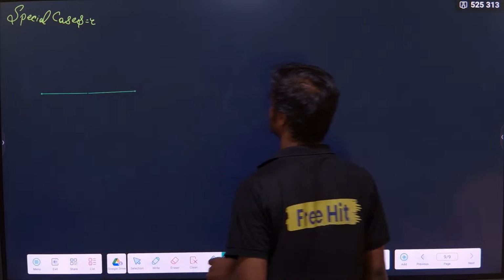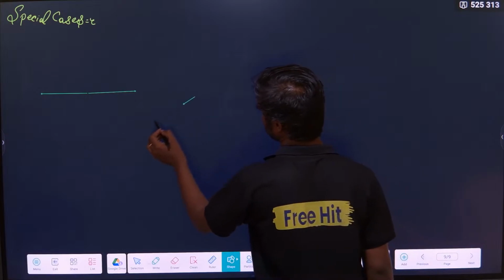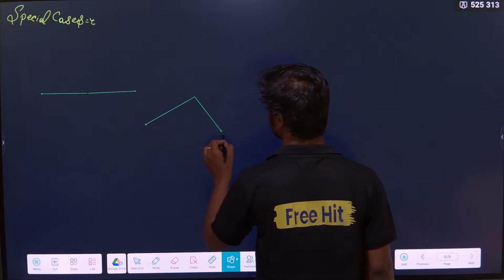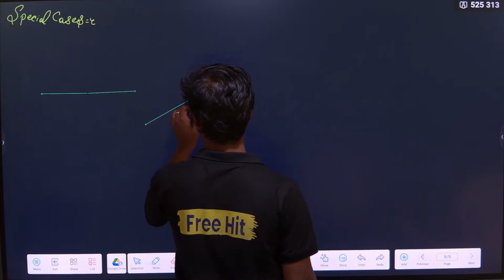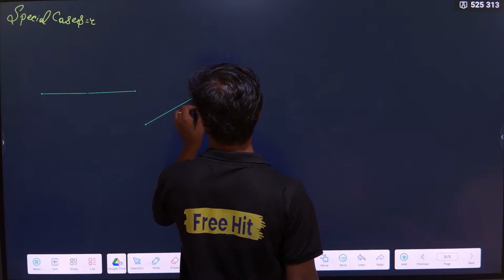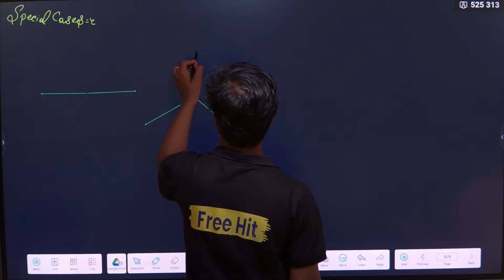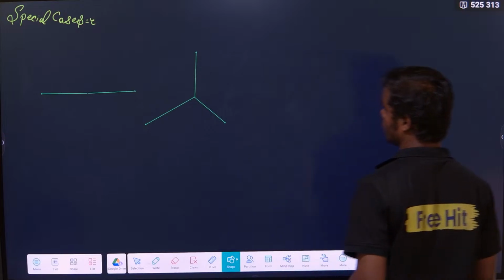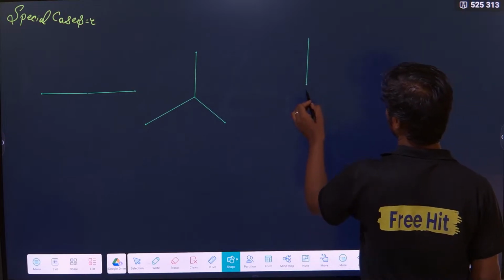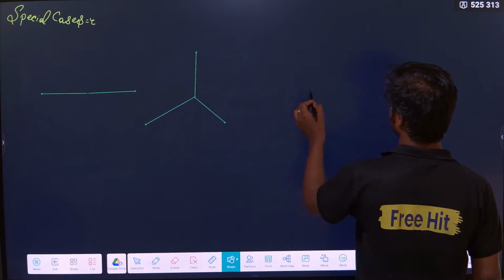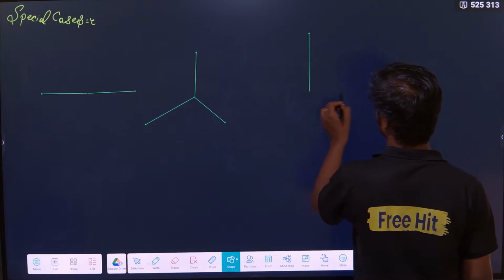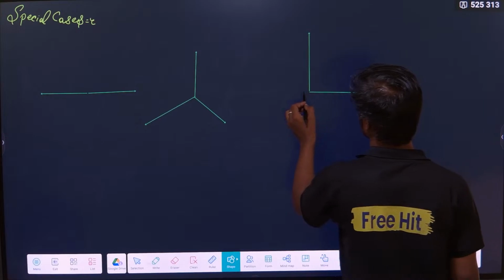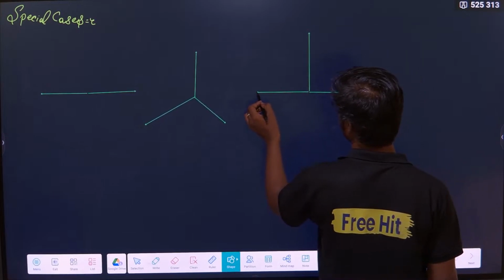Then we have another case, suppose this is one vector, this is another vector, and this is another vector, and one more case is there, one more vector.